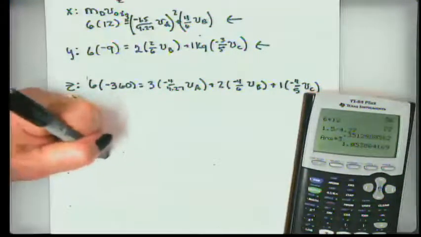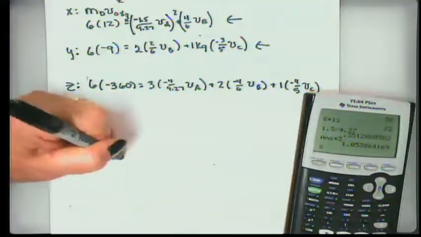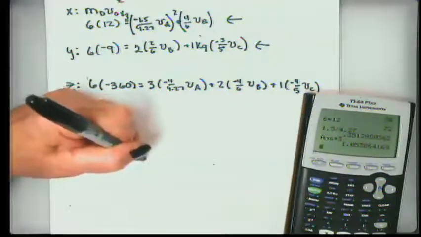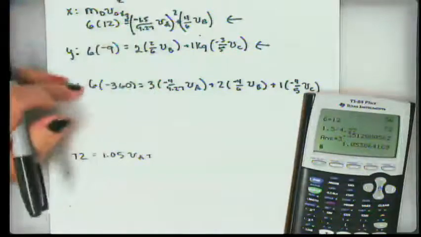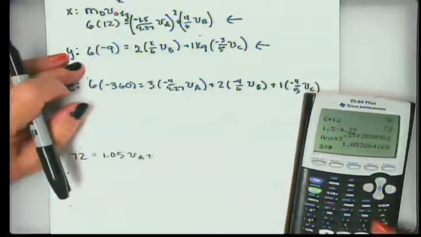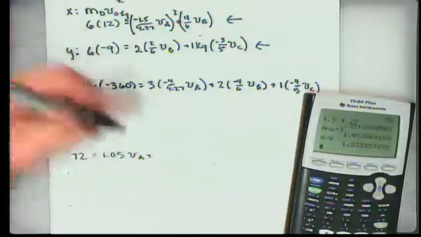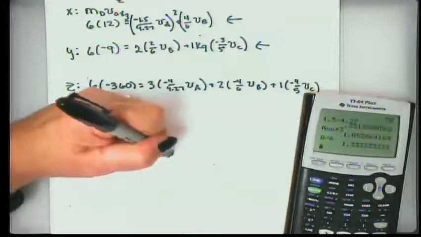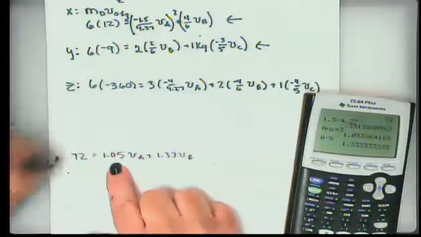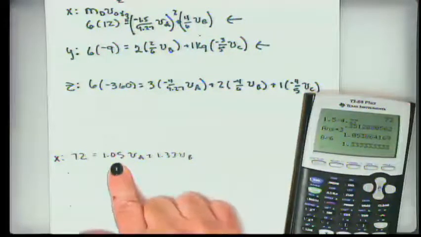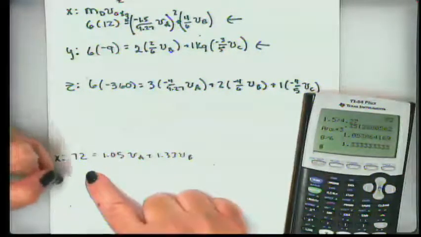Okay, so 1.05 V sub A plus, then I have 2 times 4/6, which is 8/6, which is 1 1/3, excuse me, 1.33 V sub B. So my x direction equation just simplifies arithmetically to look like that.